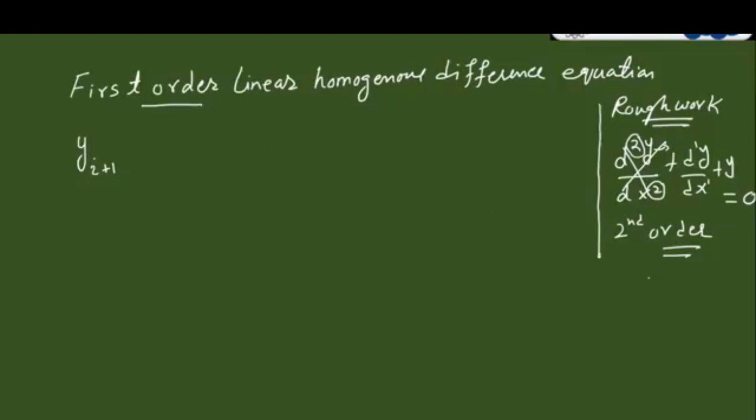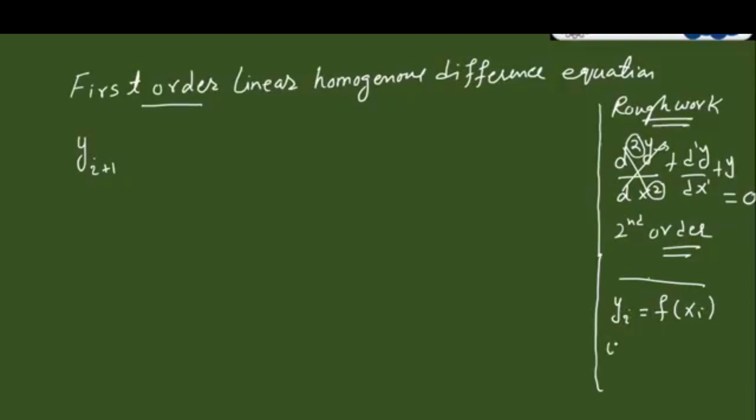So if I write y_i, it means I am talking about f of x_i. That is, there is some function and I want to read it at discrete point x_i, and whatever answer I get is called y_i.